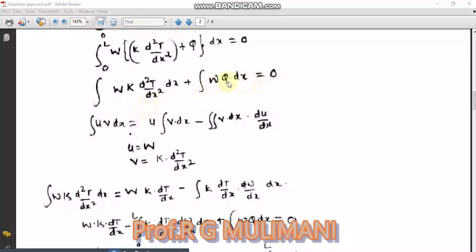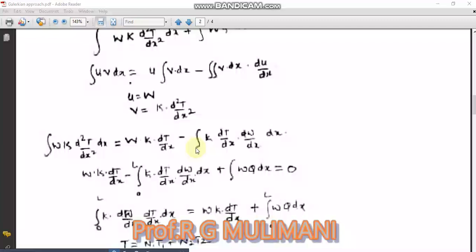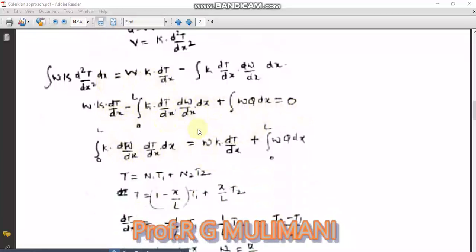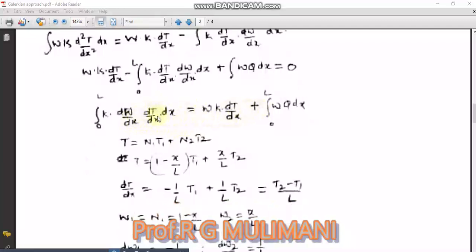Because q is a constant here, whereas W is not constant, and the k d squared T by dx squared term contains dependent values, so it is considered as separate components. So by the UV method it is integrated, and now we have three terms. One term is taken on the left side and the other two on the right side. Let us find dT by dx and dW by dx, and substituting all the values, we will see what we get in the next video. Thank you very much.